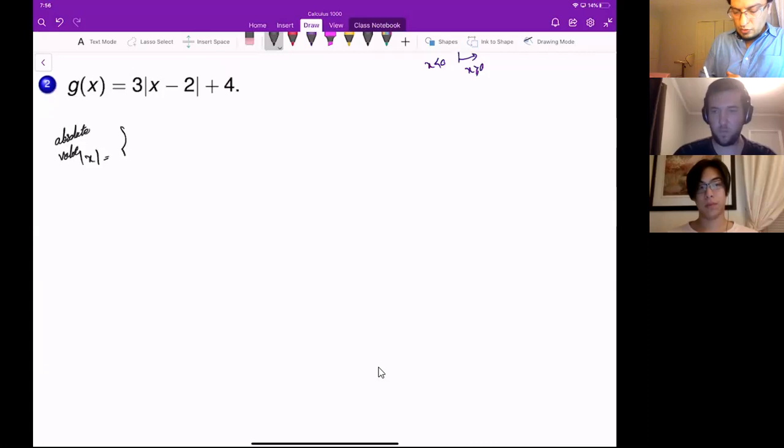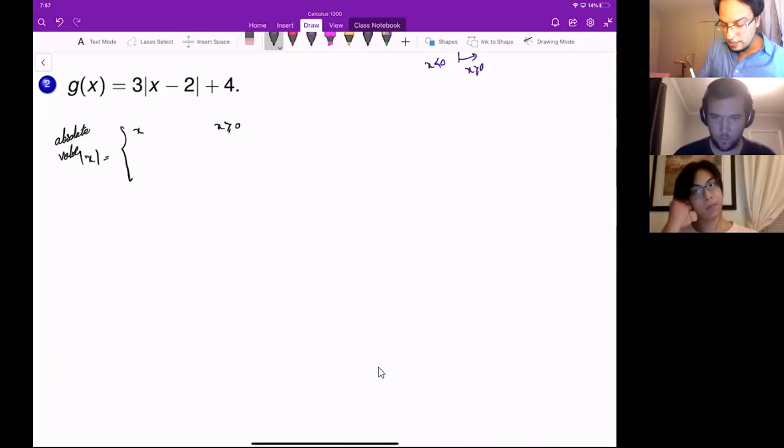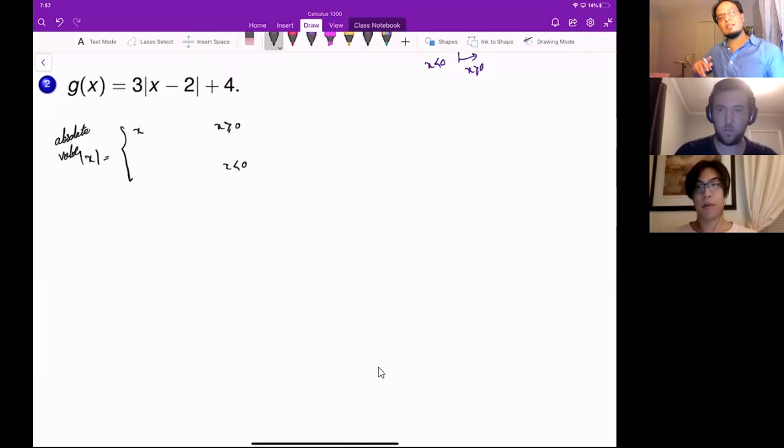Absolute value, whatever you give to that function, it will give you the positive part of that one. Means that if x is a positive number, you just get that number back. So the output would be the same number. But if x is negative, this is so fun.